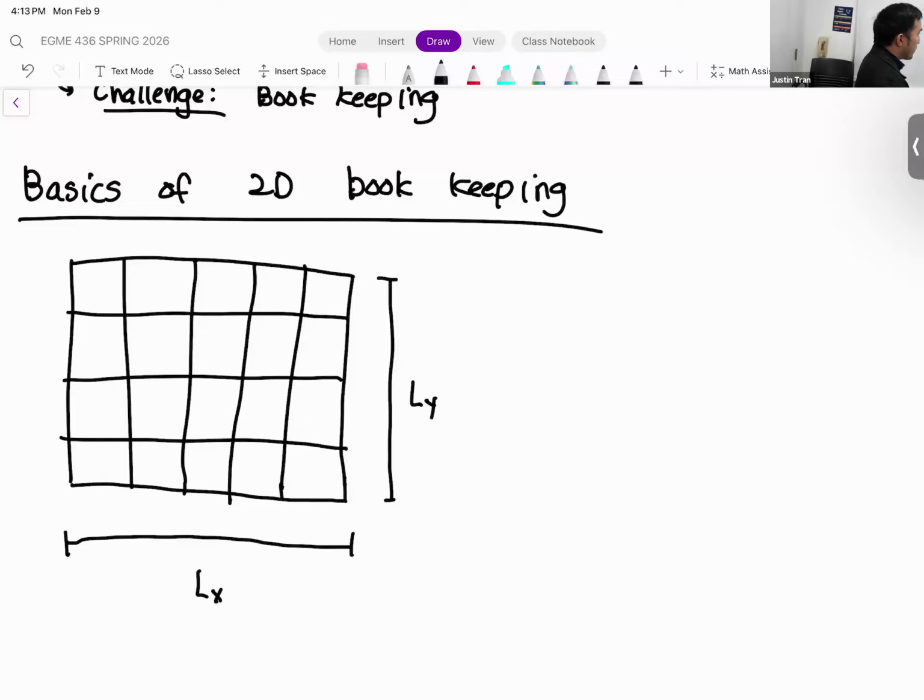Since we're in two dimensions, we need multiple variables to describe the size of our domain, right? For a very simple square domain like this, at the very minimum, you need Lx, which is the length of the domain in the x direction, and then Ly, which is the length of the domain in the y direction.